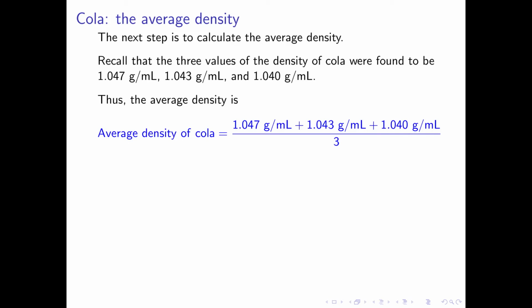Thus, the average density is calculated as the sum of these three, 1.047 grams per milliliter, plus 1.043 grams per milliliter, plus 1.040 grams per milliliter, all divided by 3. The numerator becomes 3.130 grams per milliliter, again divided by 3, giving an average density of cola of 1.043 grams per milliliter.